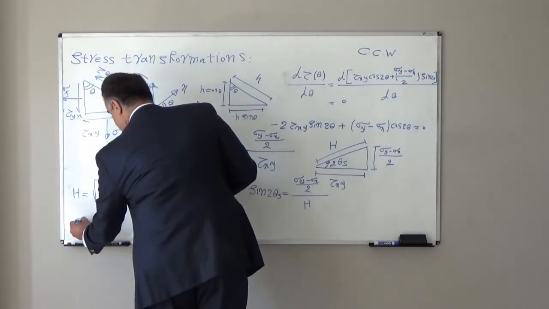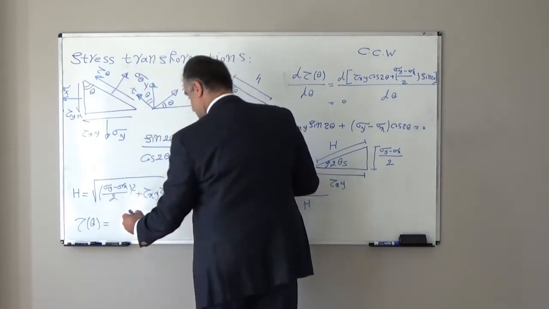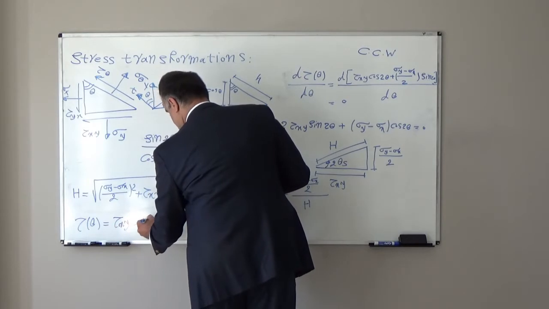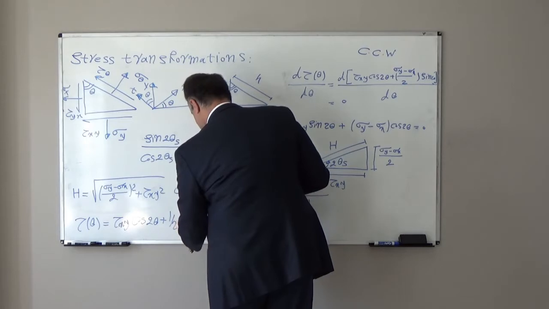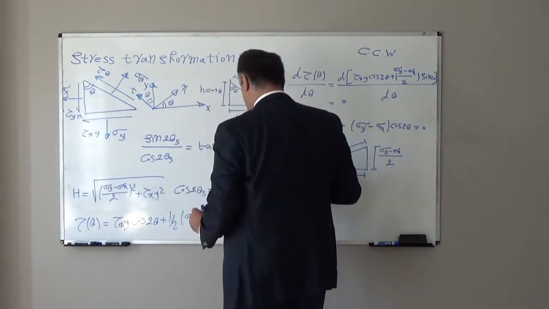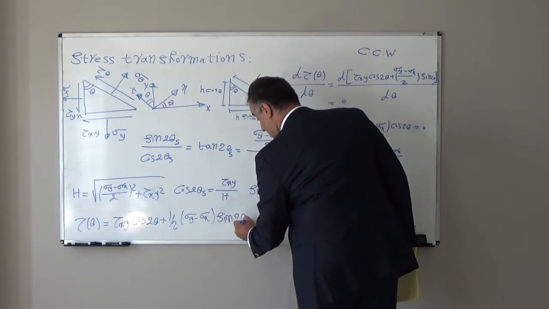Because tau theta was equal to tau xy cosine 2 theta plus 1 over 2 sigma y minus sigma x sine 2 theta.